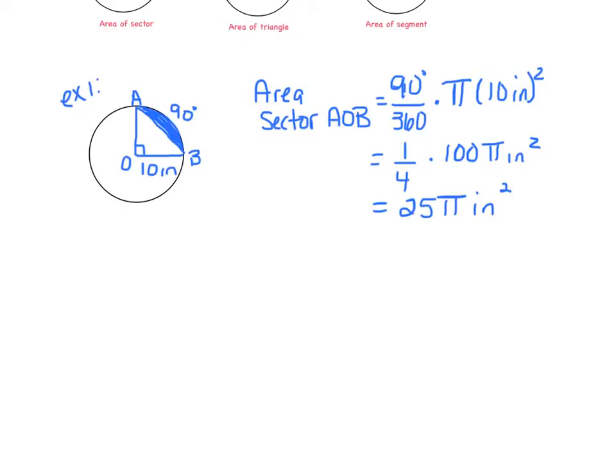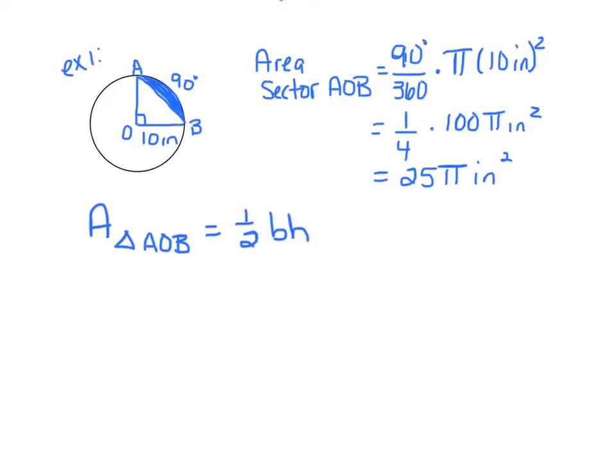Okay, so the second thing that we have to do is find the area of triangle AOB. Well, life is easy for us this time because it's a right triangle, so we know the length of the base and the height are just the lengths of the legs, which are, in this case, both 10 because they're both formed by radii. So 1/2 of 10 times 10, which is 50 inches squared.